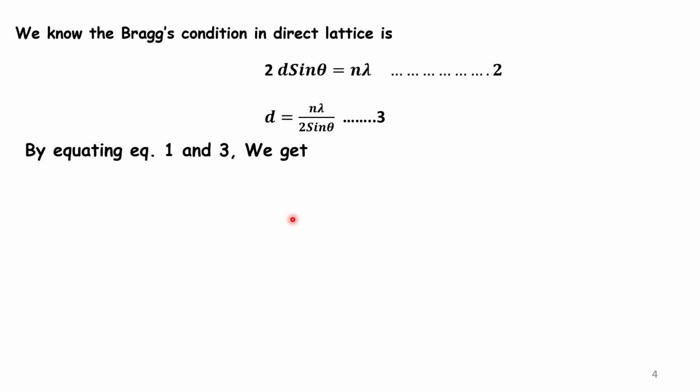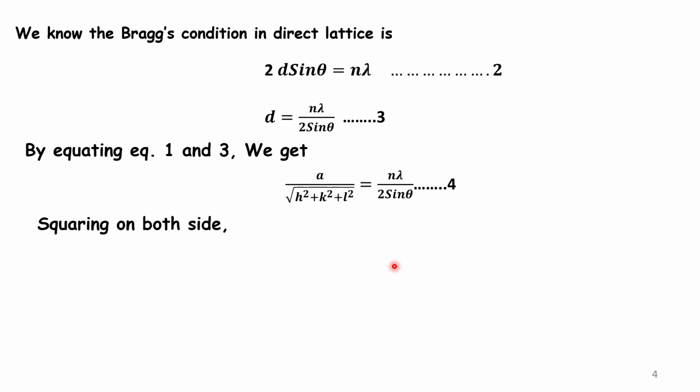By equating equation number 1 and 3, we get a divided by under root h square plus k square plus l square is equal to n lambda divided by 2 sin theta. By squaring on both sides, we get n square into lambda square into in bracket h square plus k square plus l square is equal to 4a square sin square theta.